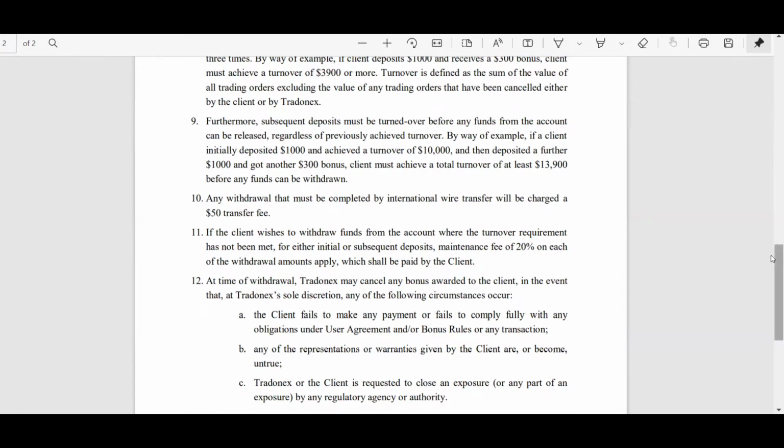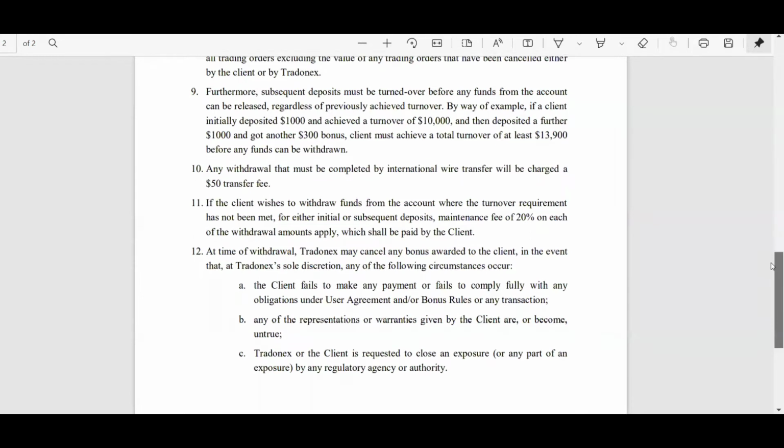So you're not going to get your $100 in total. And each time you want to withdraw, you're going to have that fee, which it's up to the individual whether they want to pay that or not. However, if you keep doing that, I think that's why they lead to number 12.